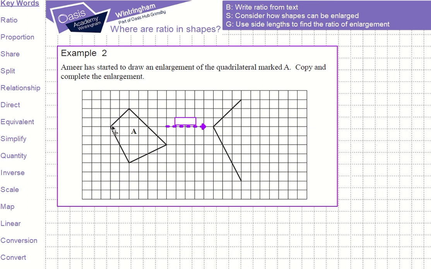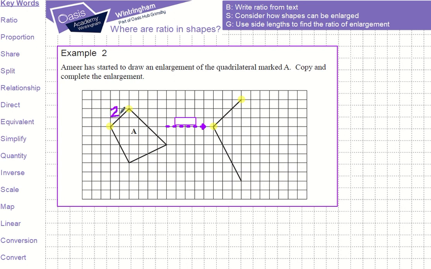And what we can do is compare how far across and up these points have gone. I'm comparing the distance from this to this and this to this. What I can see is this side goes exactly diagonal between the squares, and there's two.